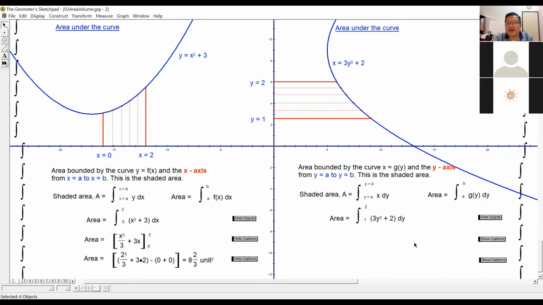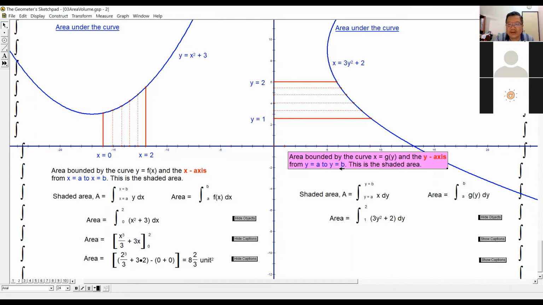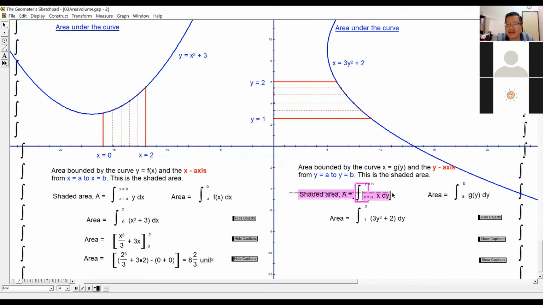Okay. So now you quote the formula. By the way, this formula here is given in the exam. Integrate x dy. Okay, so if you want to find the area between the curve and the y-axis, you just write down integrate x dy. Just write down x dy first.